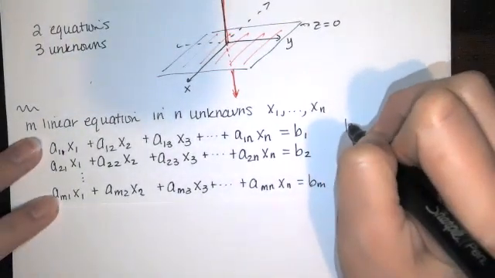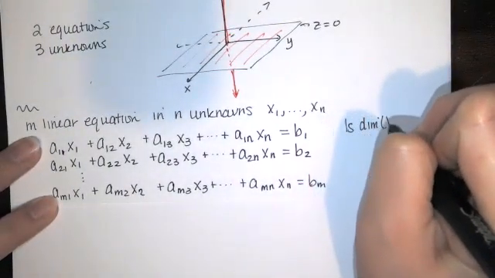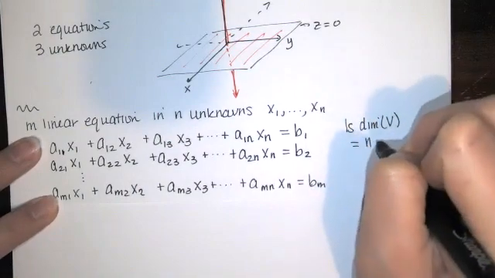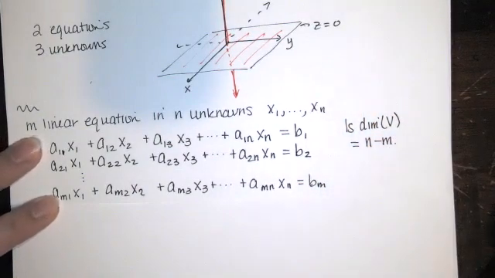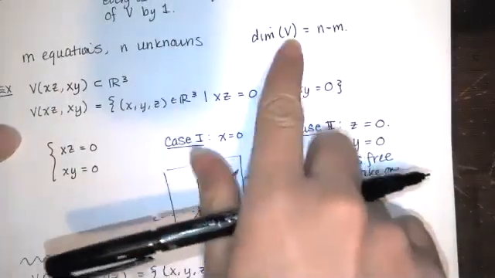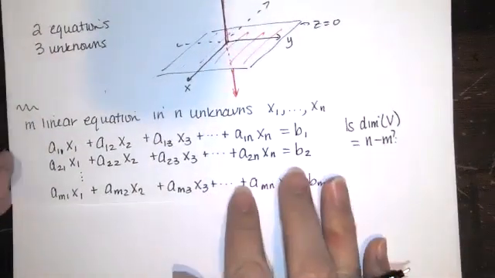So you might expect that the dimension of V is equal to n minus m. Just like we expected up here that if we have m equations and n unknowns, the dimension would be n minus m. But that's not the case.